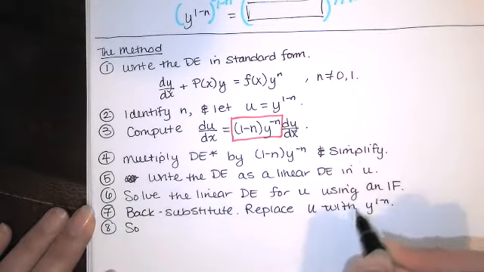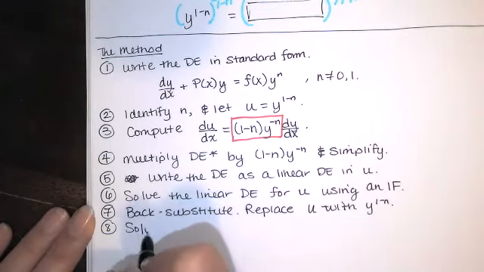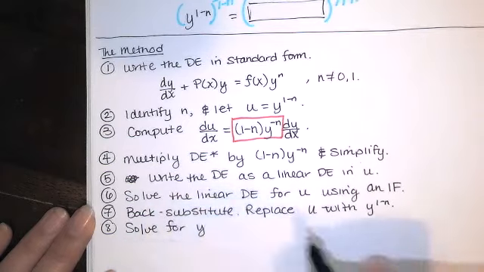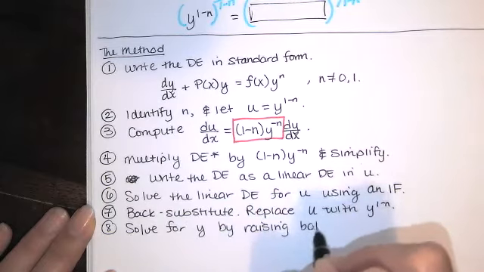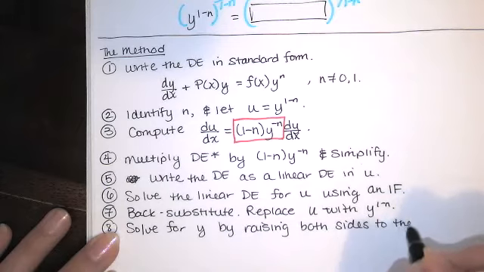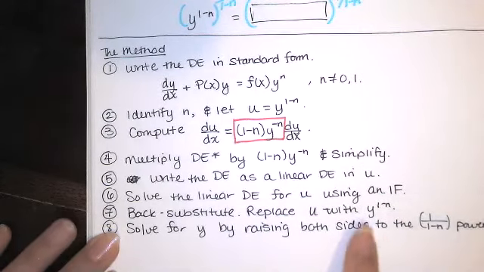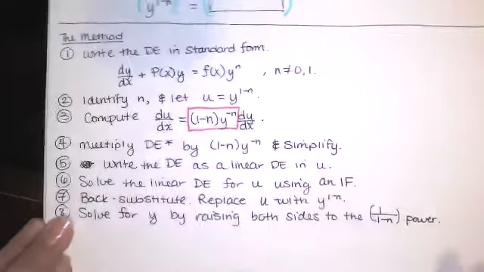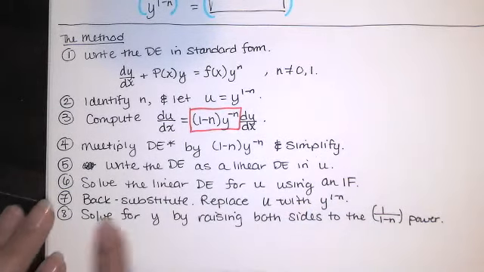Generally, you're just going to raise both sides to whatever power is necessary to make that a y to the 1st. So we can do that by raising both sides to the 1 over 1 minus n power. If that's a 5, I'm going to raise both sides to the 1/5 power. If that's a 3, it's the 1/3 power. If that's a 3 halves, raise both sides to the 2/3. And that's going to allow us to get y by itself.